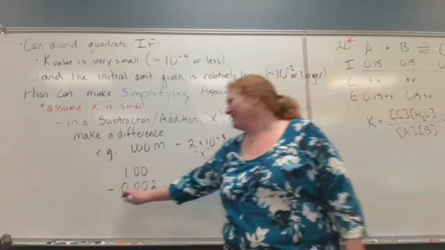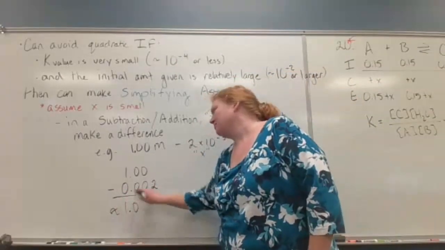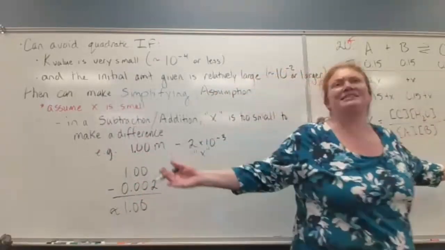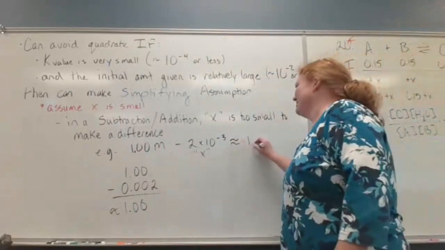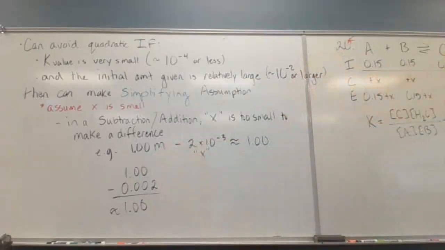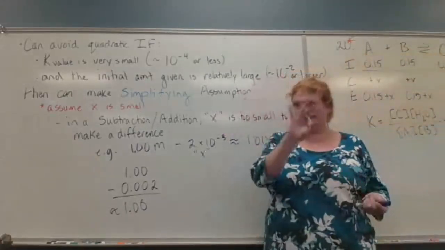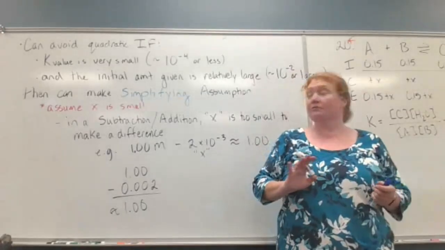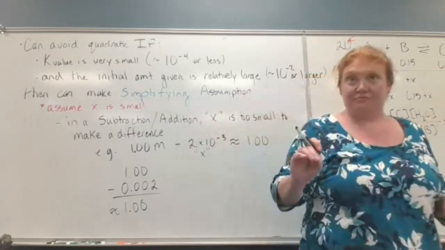Guys, what is this answer? Not addition, subtraction. Isn't it still basically 1? Yes. This is too small to really make much of a difference. That is what we're assuming here, okay? Does that mean I can ignore x when I'm doing multiplication? I can only ignore it in a subtraction or an addition, okay?